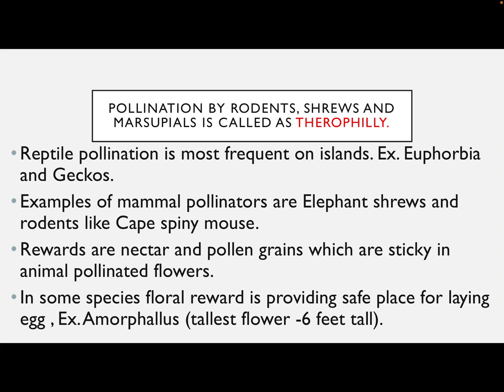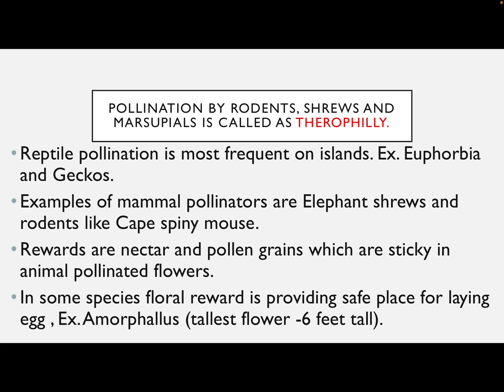Pollination by rodents, shrews, and marsupials is called therophily. This kind of pollination has a distinct term, that is therophily. This is very important. Reptile pollination is most frequent on islands, for example, euphorbia and geckos. Some islands use reptiles as their important pollinators.